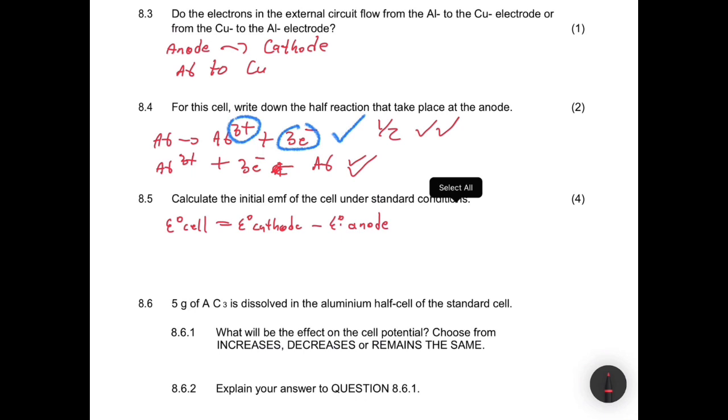So the mistake that people usually make is that they switch the 2 numbers they're supposed to use and get a negative value. So I'm telling you that if you get a negative value, just know that you did something wrong. There's no way you're supposed to get a negative value for the EMF of a galvanic cell under standard conditions, right?